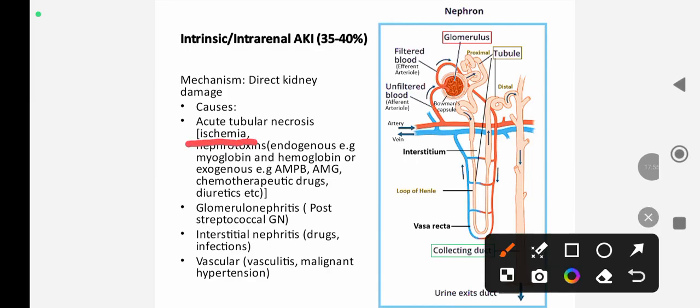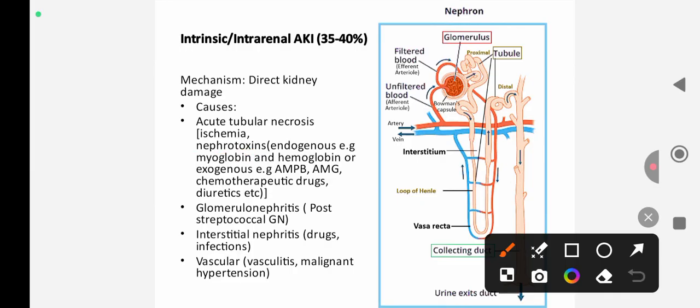That means your prerenal AKI can actually result in intrarenal AKI, especially acute tubular necrosis. So another thing that can cause acute tubular necrosis is nephrotoxins. From the word nephrotoxins, that is the nephron and things that are toxic to the nephron.